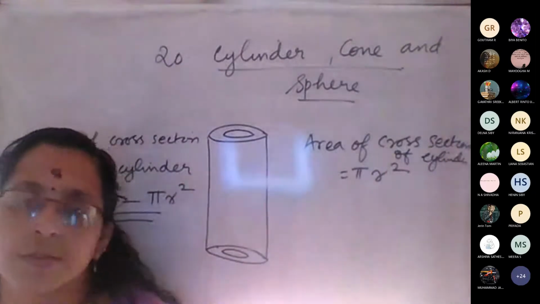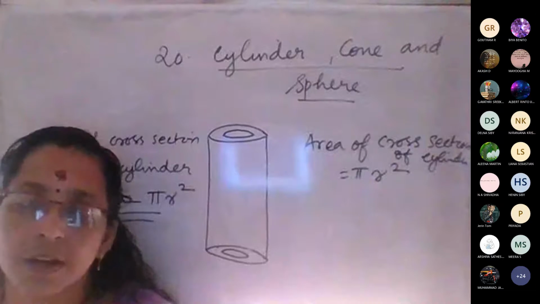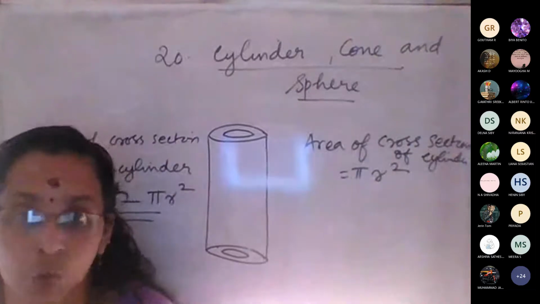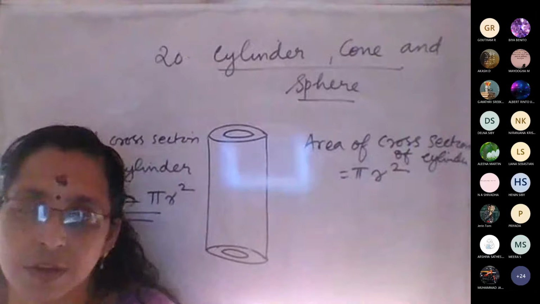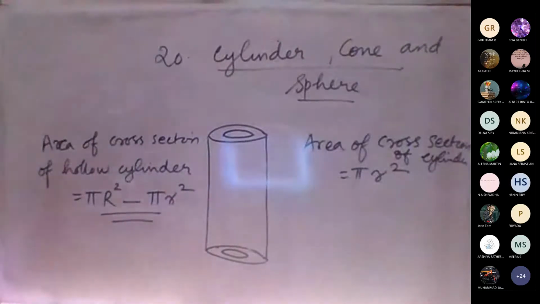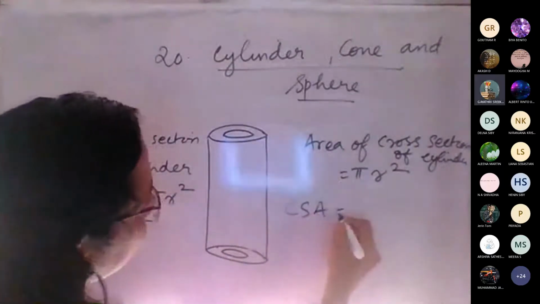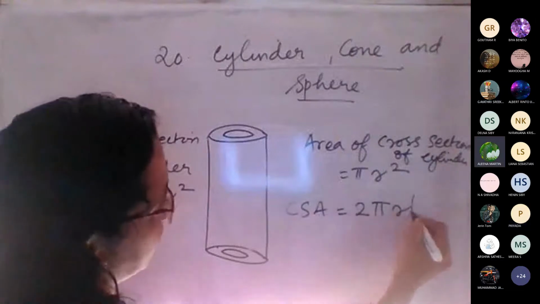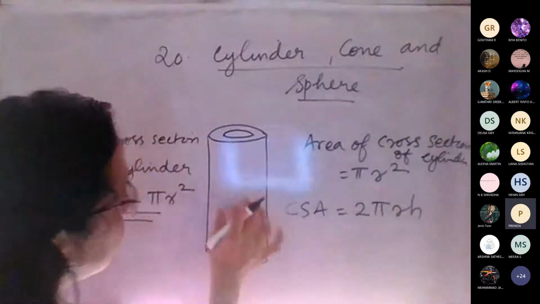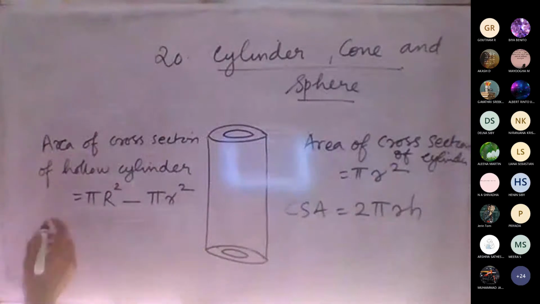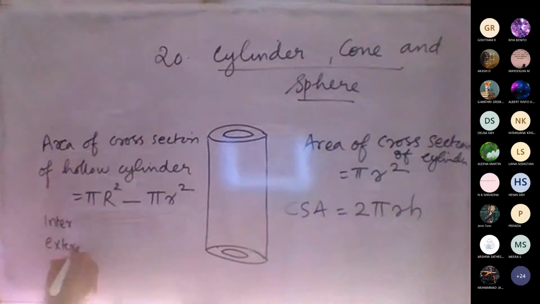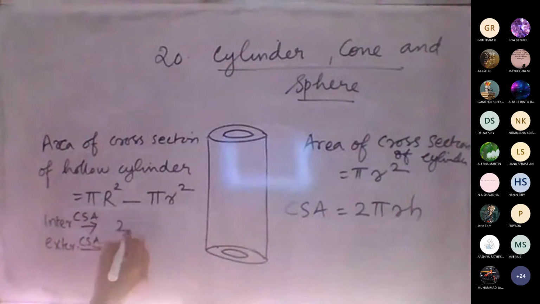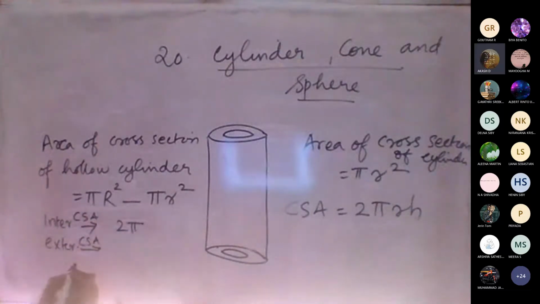So how can we write the formula? The curved surface area of a cylinder is 2 pi r h. Since it is a hollow cylinder, we have an internal curved surface area and an external curved surface area.